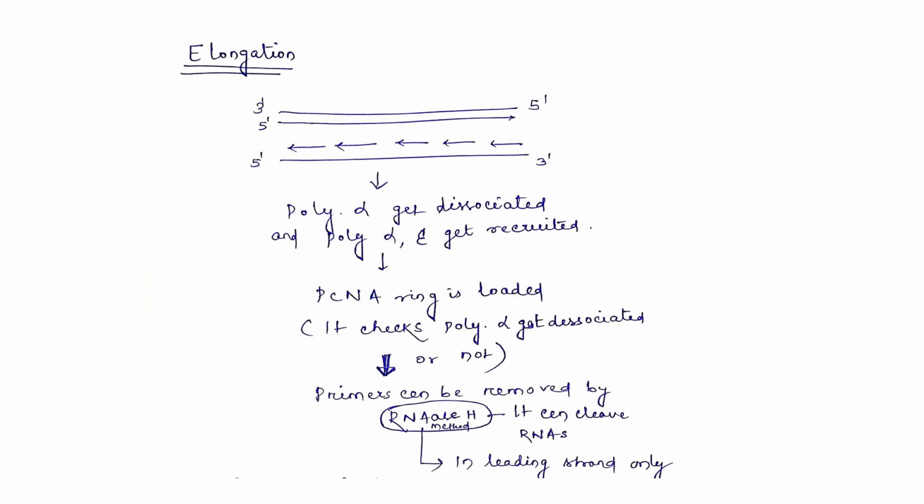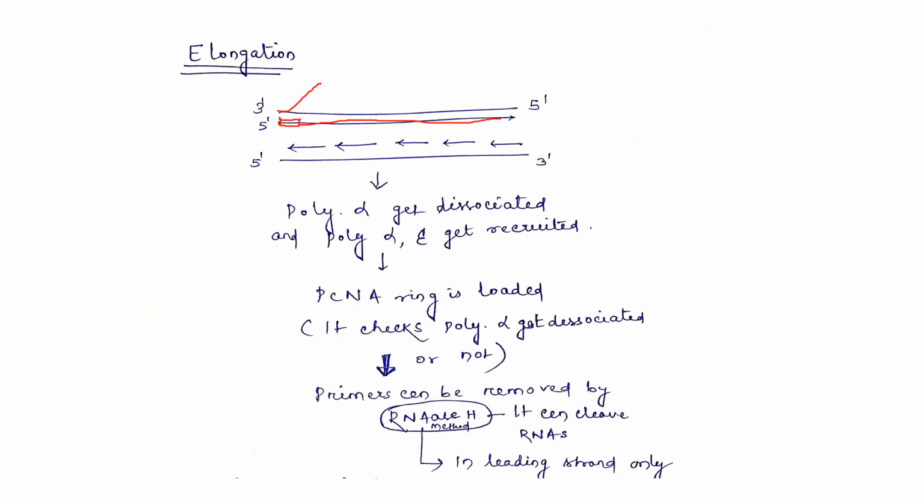Okay, so the next process is elongation. So this is the leading strand, and in the case of the leading strand the polymerization process starts from here. The primer will bind and the process will run in this direction from 5' to 3', and in the lagging strand we have to attach many primers, and short DNA sequences will be formed, which are called Okazaki fragments.